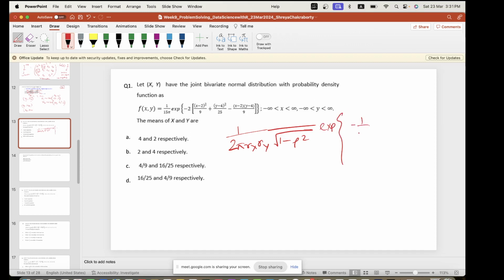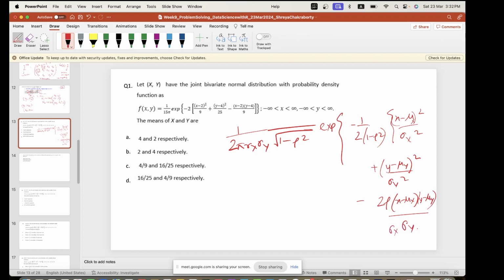minus 1 by 2 times 1 minus rho square, then we have x minus mu x whole square by sigma x square plus y minus mu y whole square by sigma y square minus 2 rho, x minus mu x, y minus mu y, by sigma x sigma y.